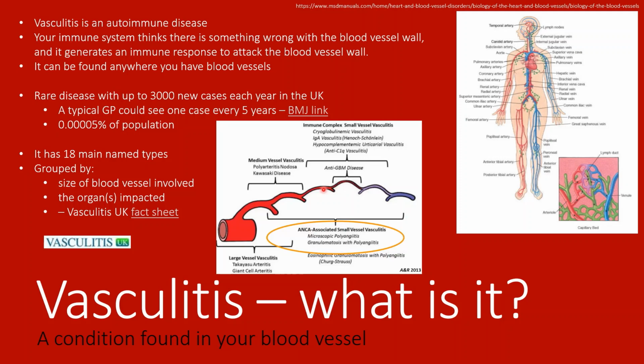It's grouped in that way, size of vessels, and then it's also grouped by the organ or organs impacted by the condition. And more details of that can be found in Vasculitis UK if you have a look at the fact sheet.